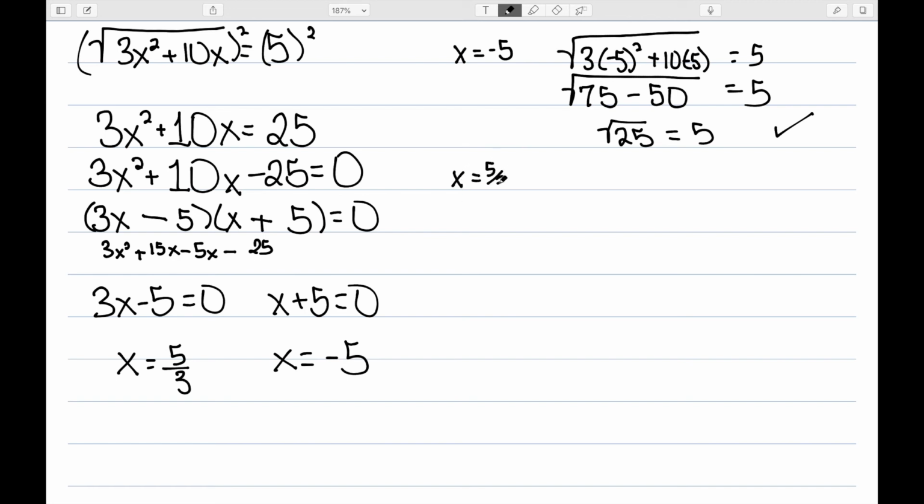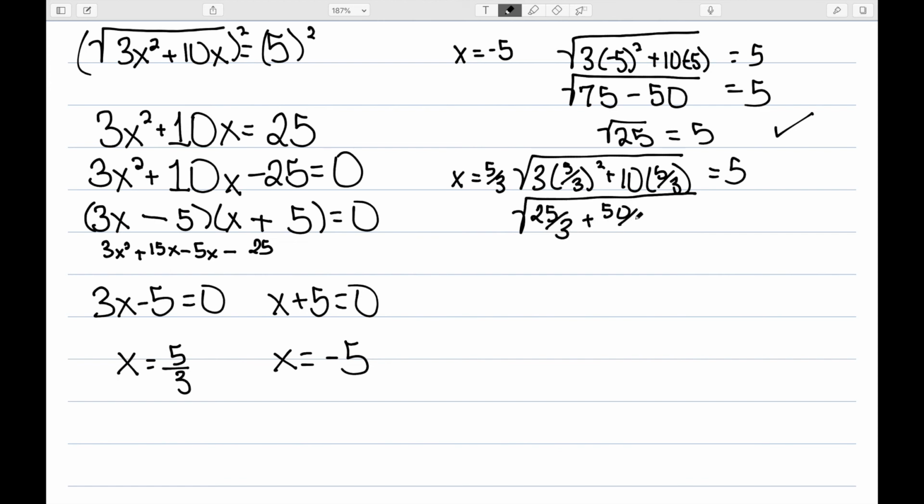What about 5/3? Well, that would be the square root of 3 times 5/3 squared plus 10 times 5/3. If we try to simplify this, 5/3 squared is 25 over 9, which times 3 would give me 25 over 3.